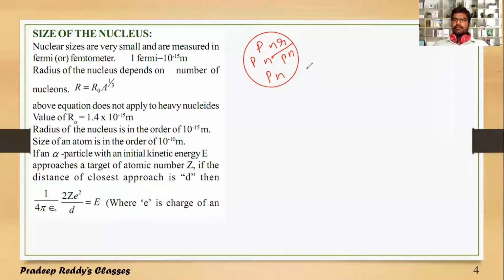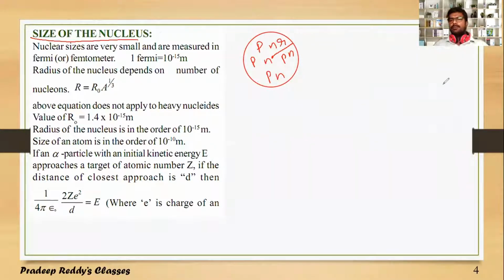Every nucleus has some radius. We generally denote it with R. R is the nuclear radius of that particular nucleus. As we know, any given nucleus will have an atomic number as well as a mass number. Now we need to calculate the size of the nucleus.